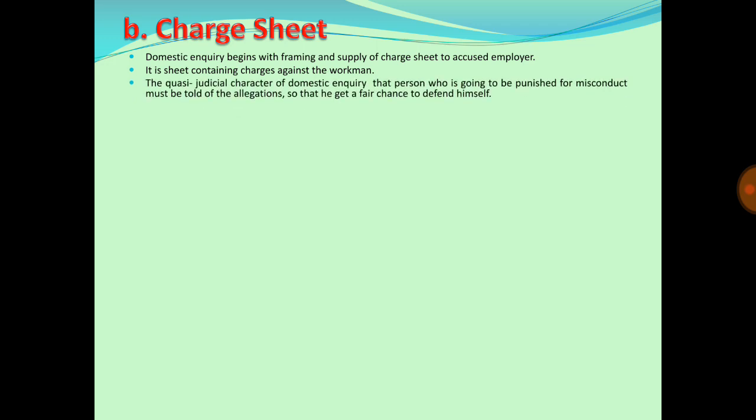The quasi-judicial character of domestic inquiry requires that the person who is going to be punished for misconduct must be told about his accusation. He must be properly informed about his accusation. Therefore, the framing and issue of the charge sheet to the workman is very important.